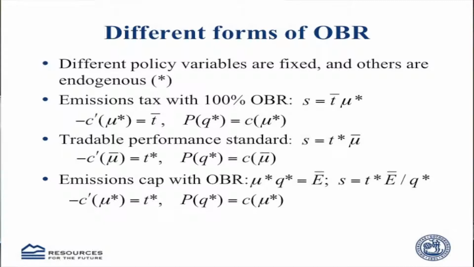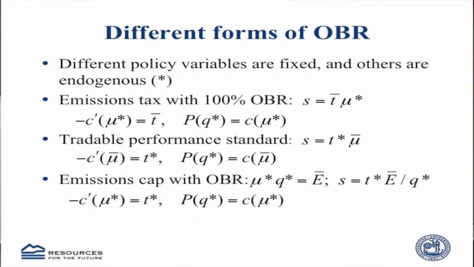And basically, this just shows that you get the same outcome if you make this a tradable performance standard instead, and you set the mu such that it would be the same as the equilibrium mu you would get with the tax. And same thing with an emissions cap, if the cap is set to meet the same emissions.